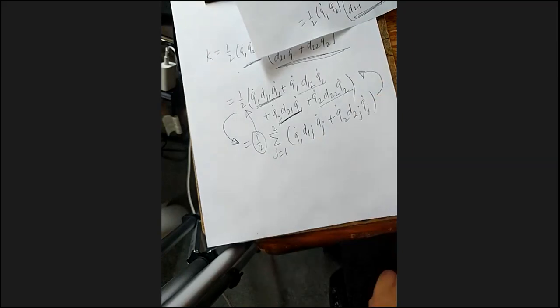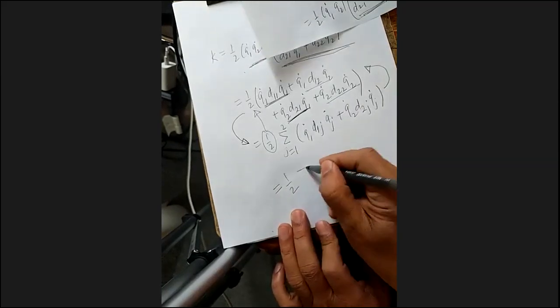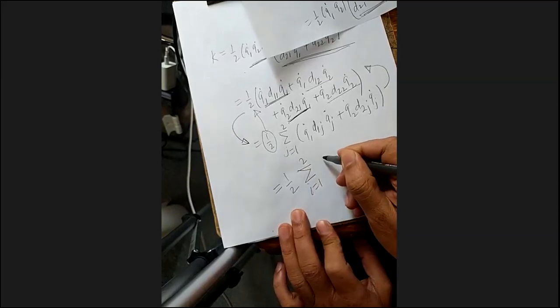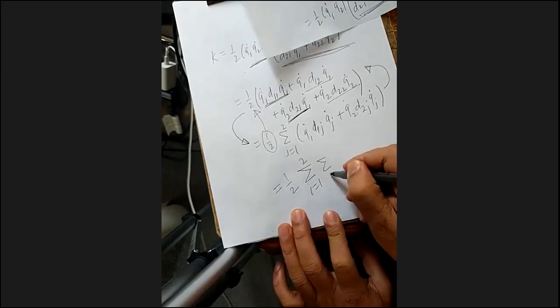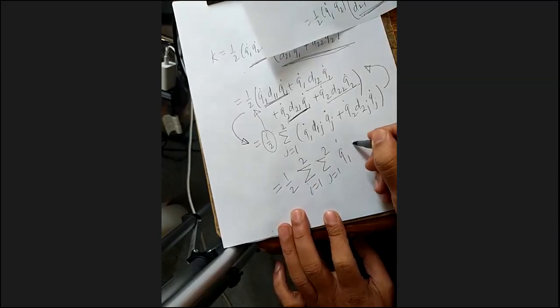Okay. Now further I'm condensing this guy again. 1 over 2, summation i equals 1 to 2, summation j equals 1 to 2, Q1 dot Dij Qj.